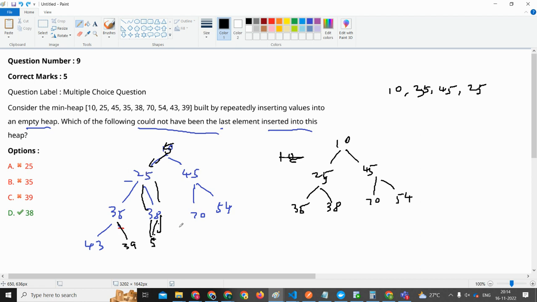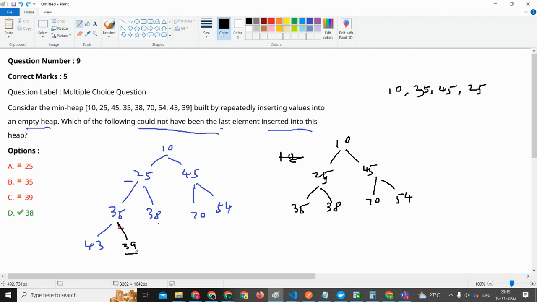But how do you say that 38 would not have been in the path? That is my question.